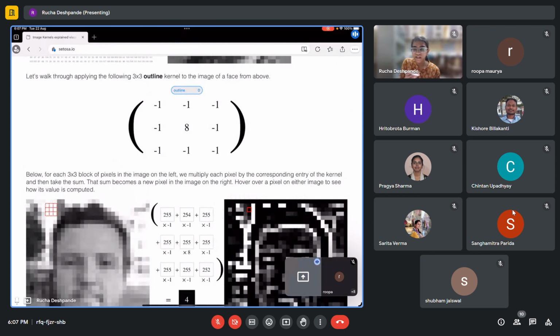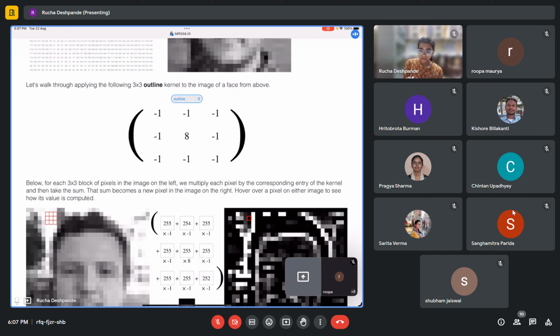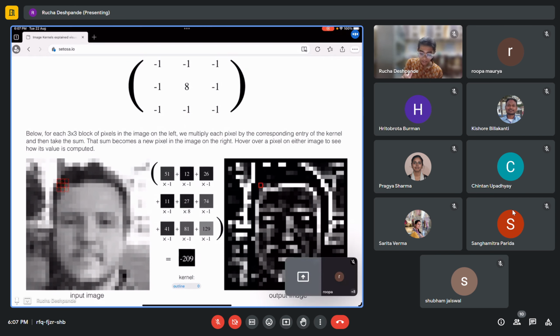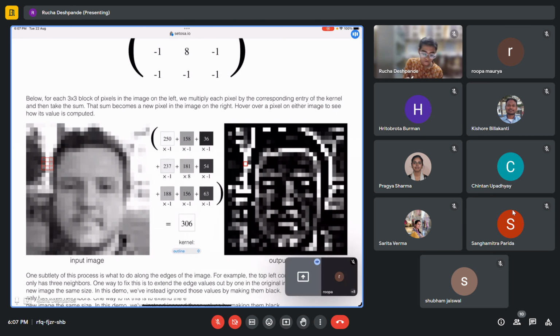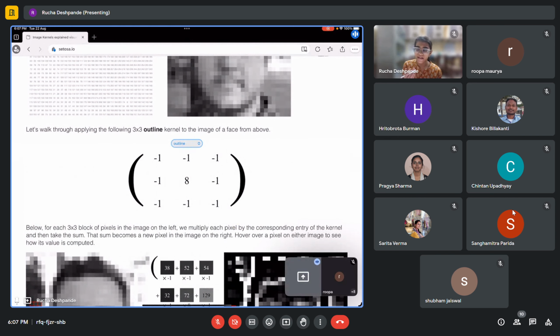We haven't studied all these filters, but you can see what the filter matrix is and then check the output. I'll give this link. I think you should try this on your own, so that you get a better idea of how filtering transforms the images.